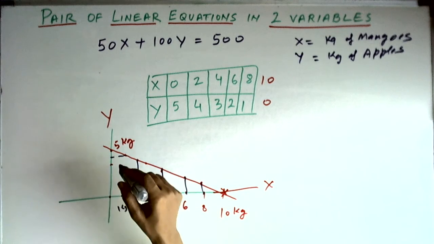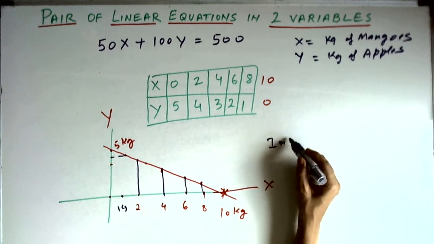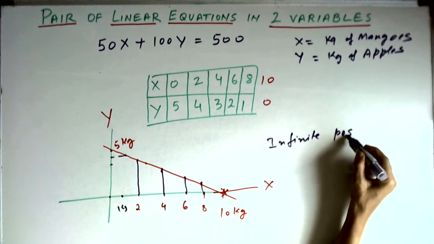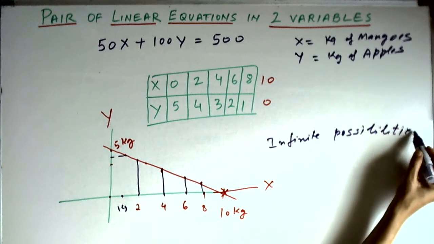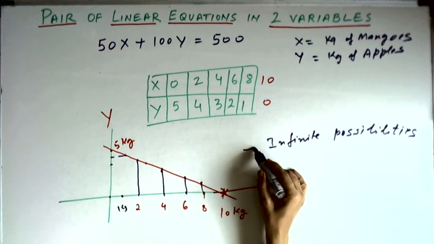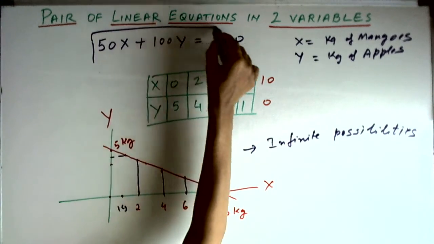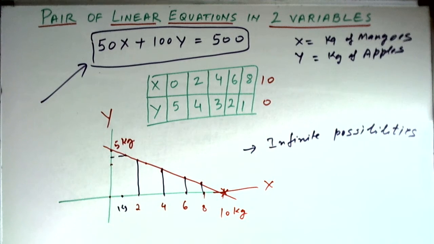So in fact, as you know that a line has infinite number of points, therefore there are infinite possibilities that will satisfy this condition which we have written here.